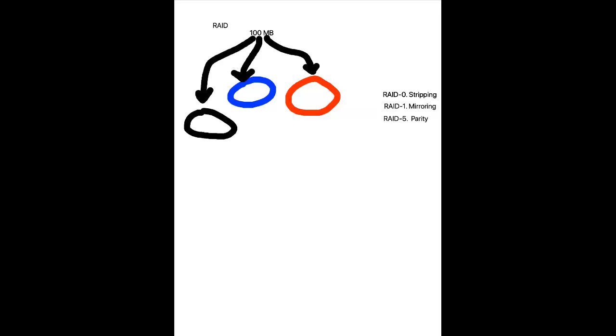Data is distributed in such a way that if any one of the hard disk is failed, still there is no problem with your data. Data can be recovered. Fault tolerance is provided. So that is the main thing behind this RAID 5, which is most of the time popular in case of servers.